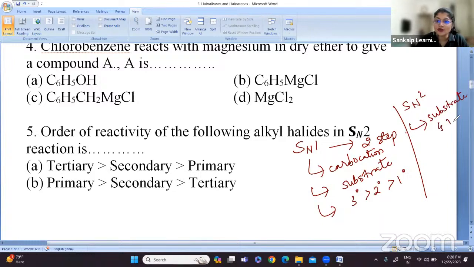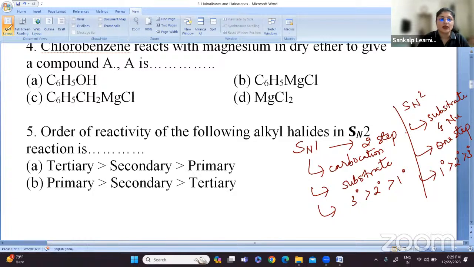Here it is a one-step mechanism which goes via a transition state. The order of reactivity is primary is more stable than secondary is more stable than tertiary.